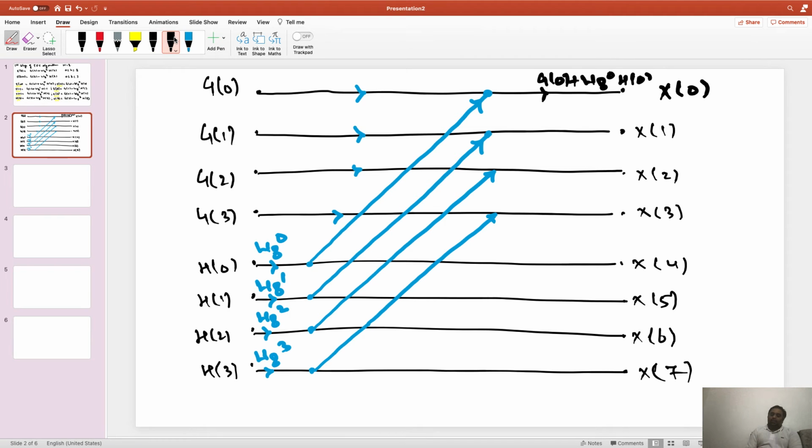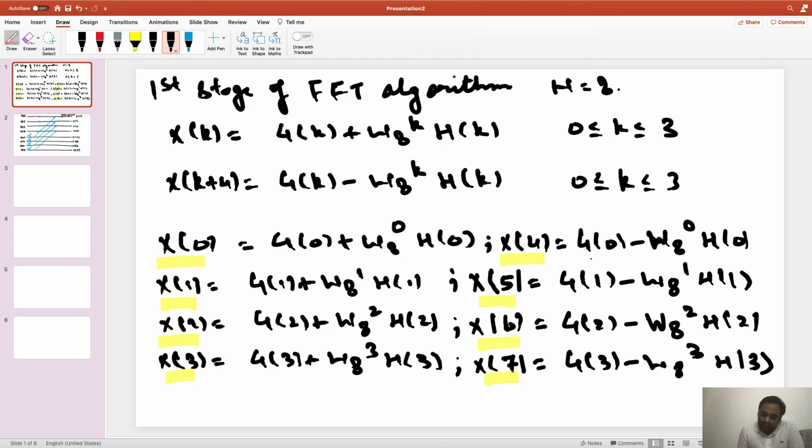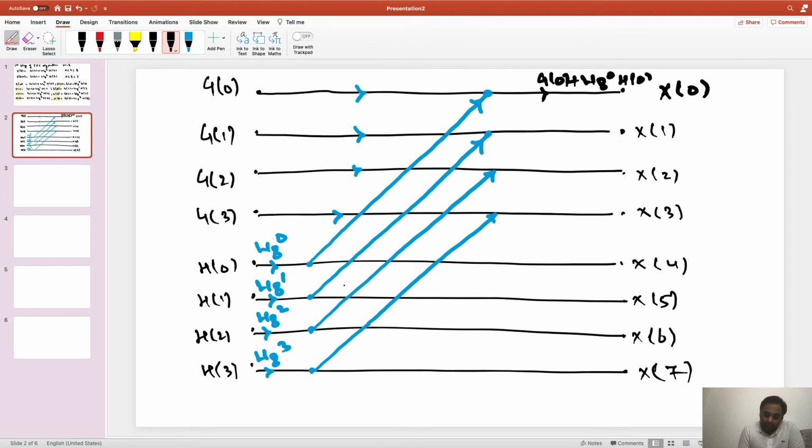Okay, now if we look at what is X4, then it is G0 minus W8^0 H0. So we already have W8^0 H0 coming over here. So what we can do is multiply this by -1, and we can pick G0 from here and bring it here and add it here.